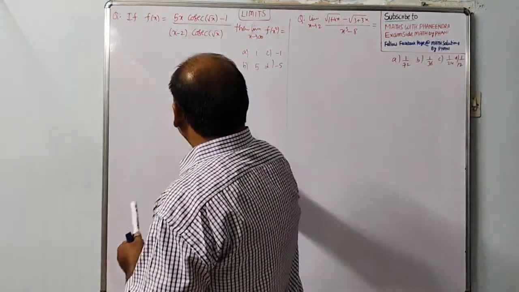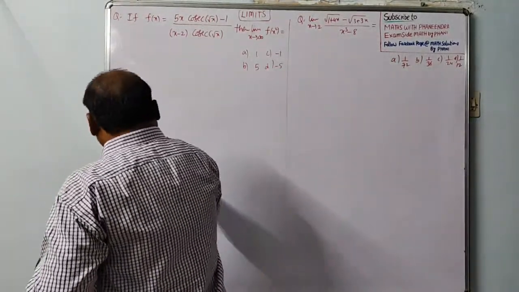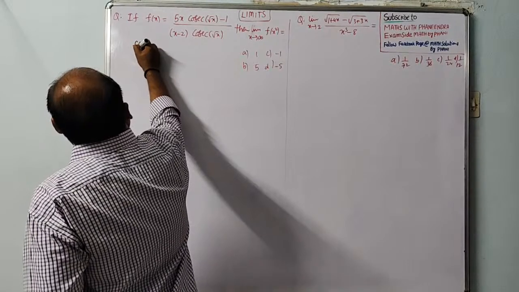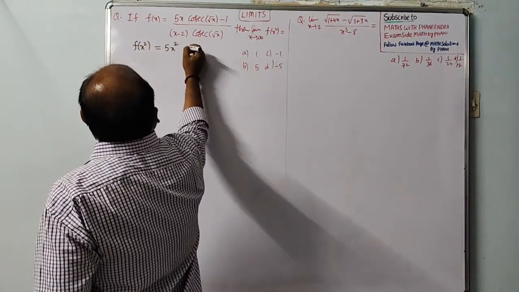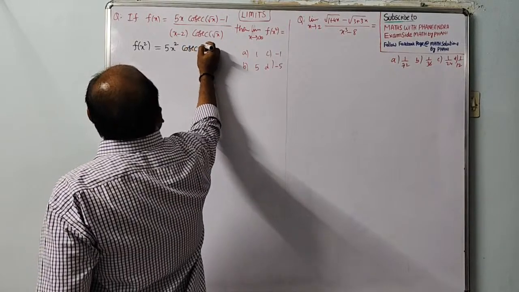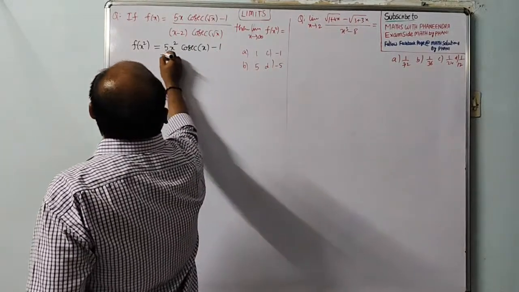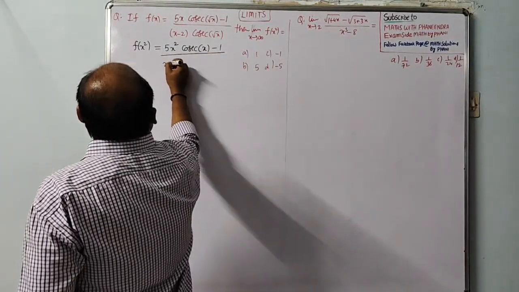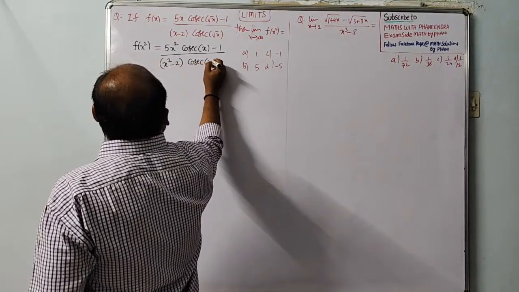See, first f of x value is already given. f of x square I am writing. So 5x square cosecant of x will come now, root x square means, minus 1 divided by x square minus 2 into cosecant x.